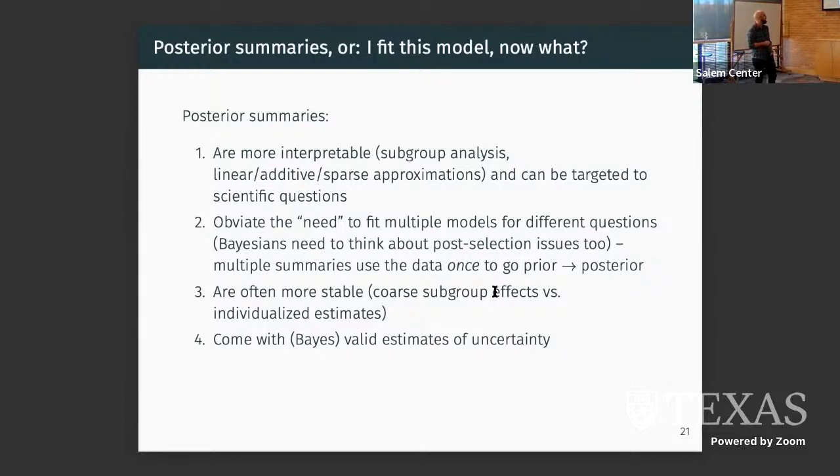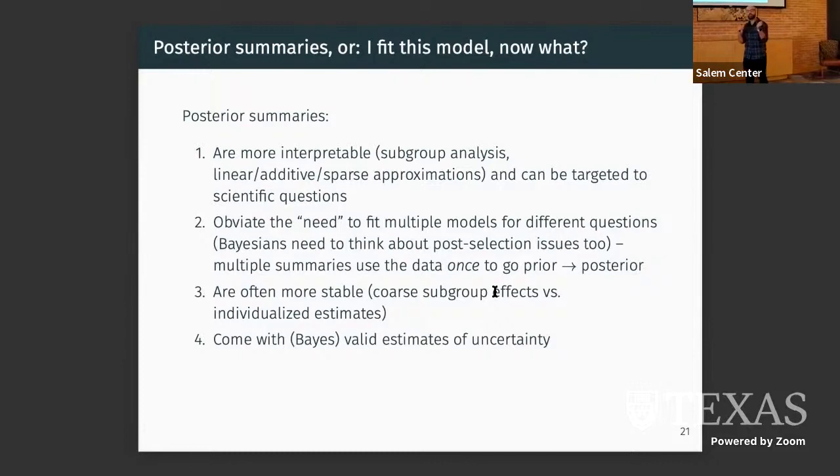Okay? Oftentimes, these posterior summaries are more stable. If you spend any time trying to estimate heterogeneous treatment effects, what you're going to see is that if you start comparing individual level treatment effect estimates, they're very, very noisy. There just aren't that many people in the world that look like you, right, on all these different dimensions. But if we aggregate those up to subgroups, those estimates get a little bit more stable.